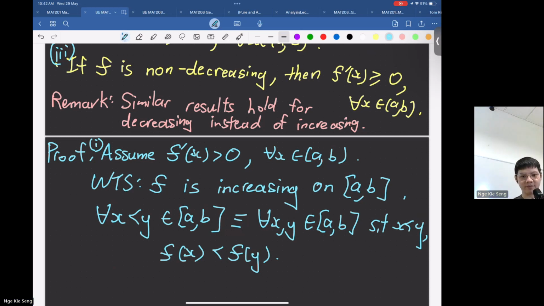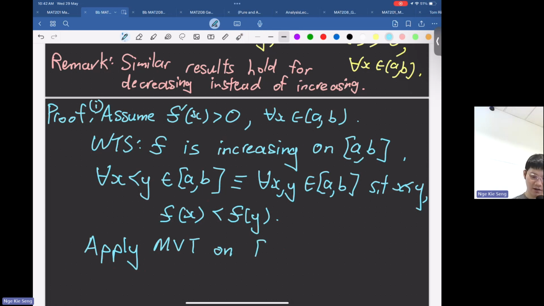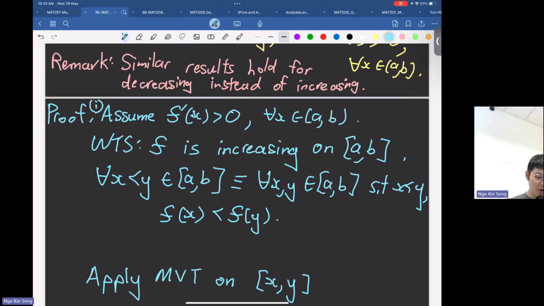How to do this? We have a condition on f prime of x, and we want to find the difference between f(x) and f(y). Mean value theorem again. Apply the mean value theorem on the closed interval [x, y].